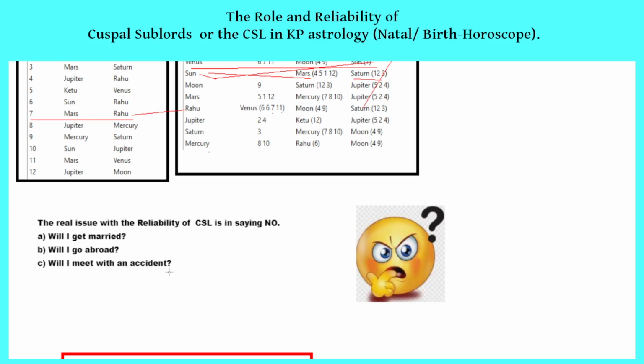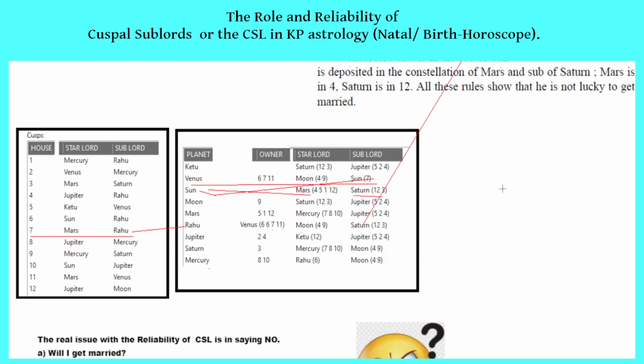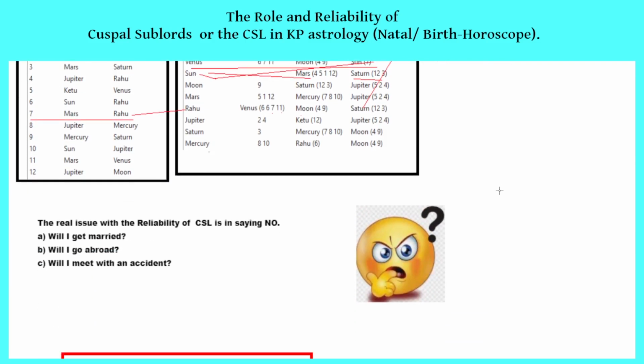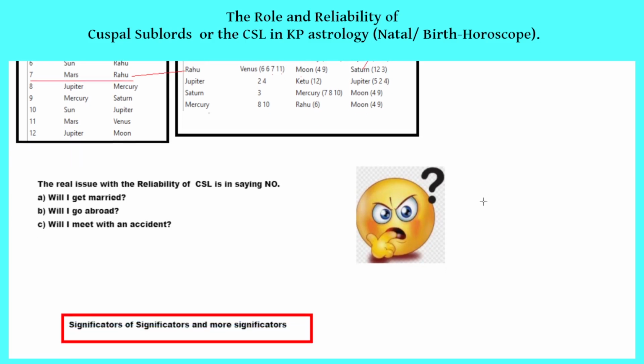This kind of categorical answer, especially in the form of no, is where the real test of the Cuspal Sublord is. I have shown you two examples, including one which Shri KSK wrote, and these examples are not something that would help to infer, especially about the no side of things.